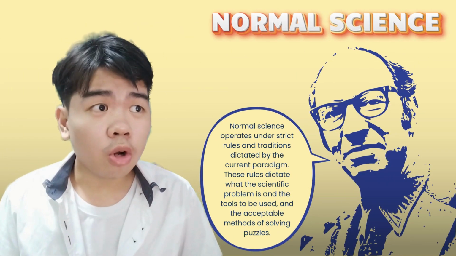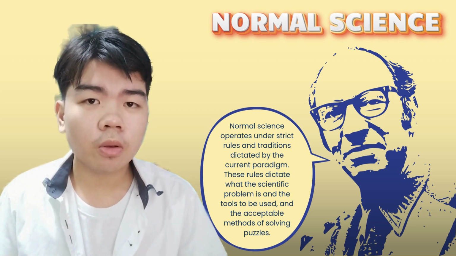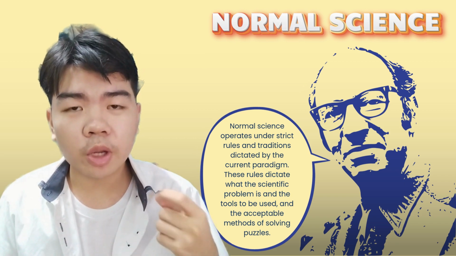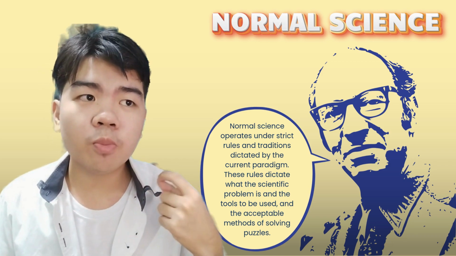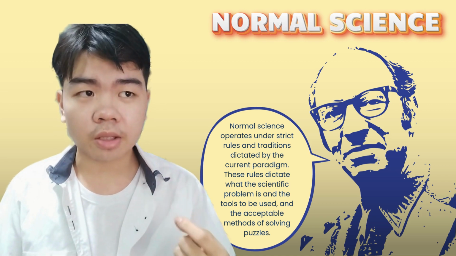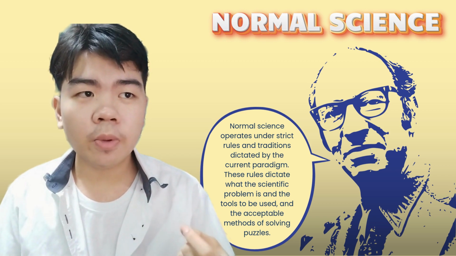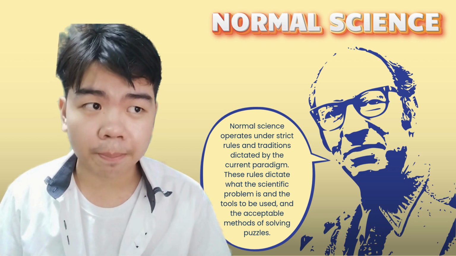We've been talking about normal science since a while ago, yet we haven't really truly defined it. According to Kuhn, normal science is not about testing or questioning fundamental assumptions, but instead, it's about solving problems that the paradigm presents. Other than that, Kuhn notes that normal science operates under strict rules and traditions dictated by the current paradigm.